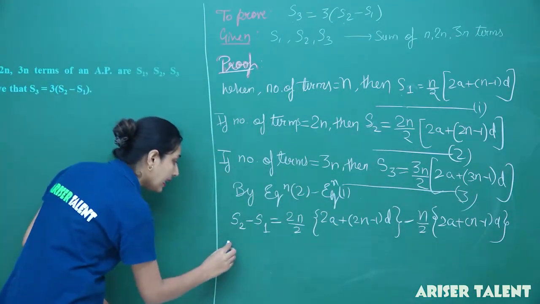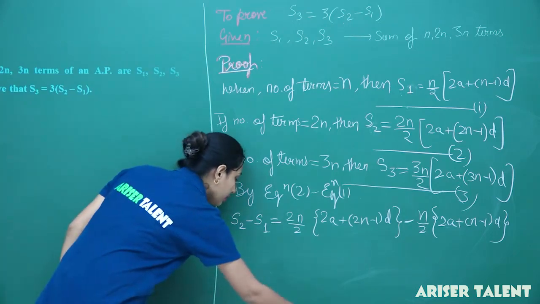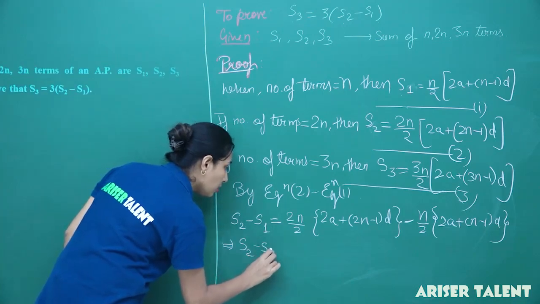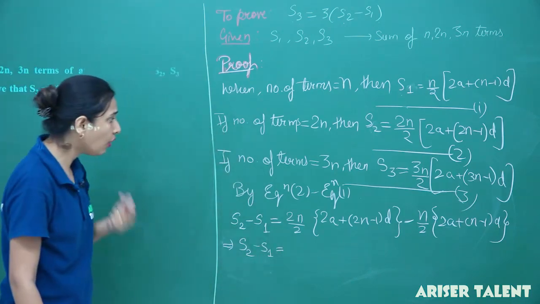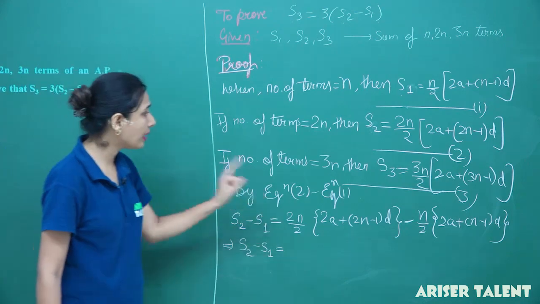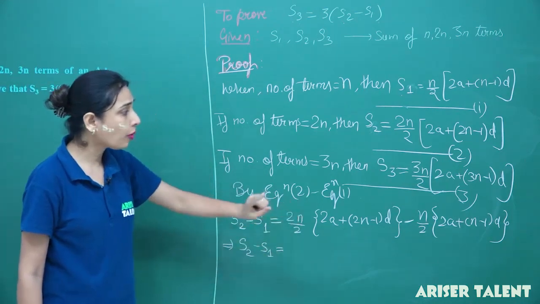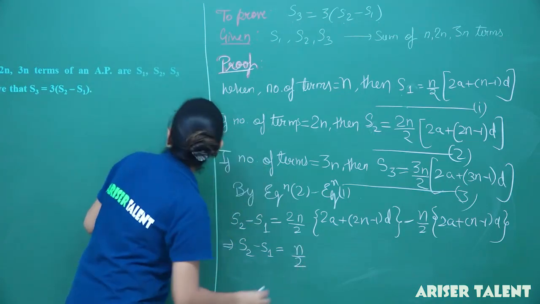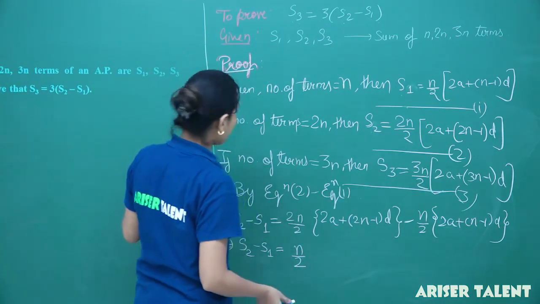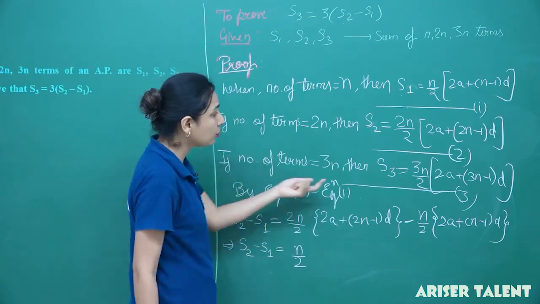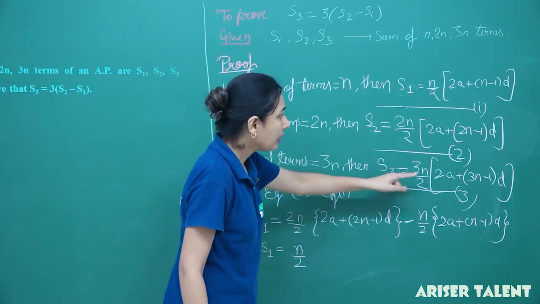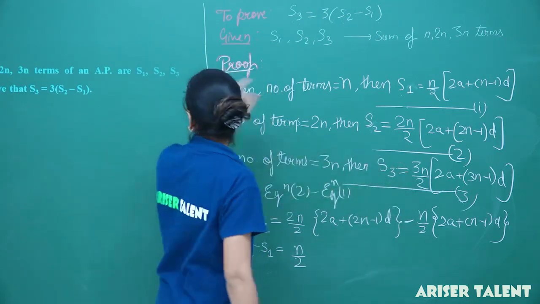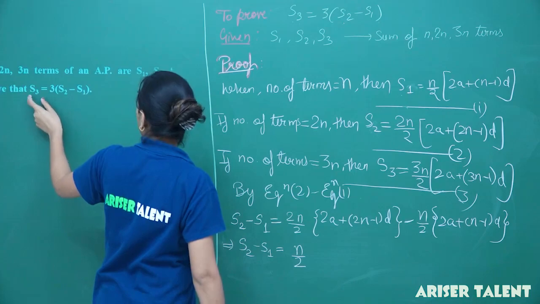Now, I will solve it like this. S2 minus S1 equals what? I will take n by 2 common, as it is common in both the terms. I have to bring it into this form, where it should be something multiplied by S3.